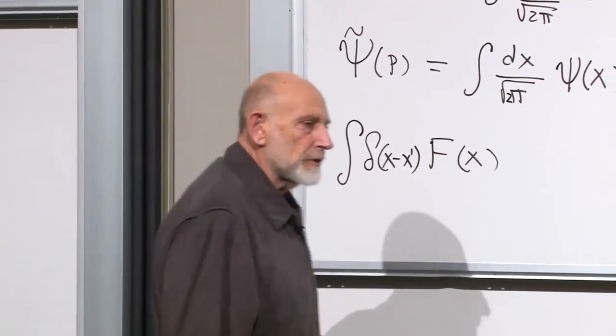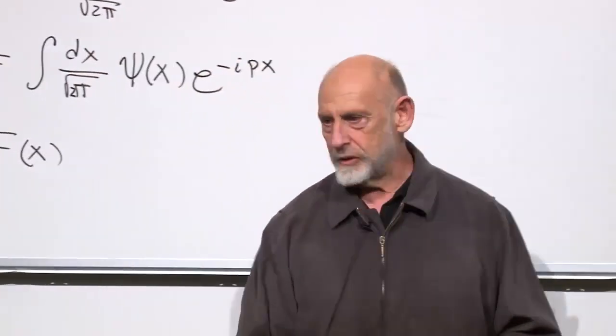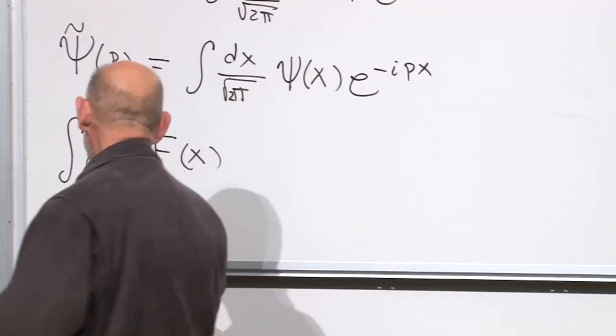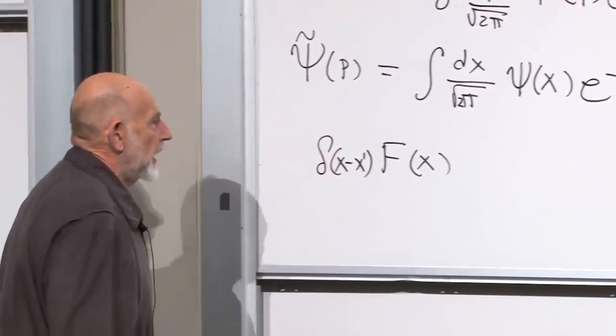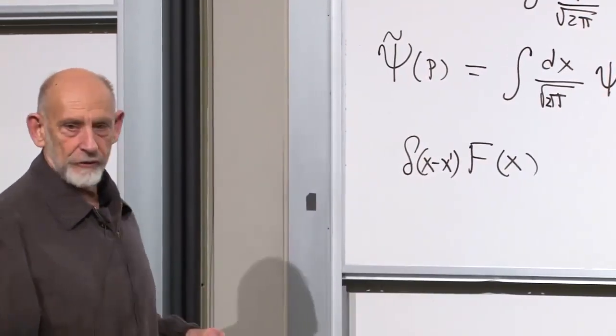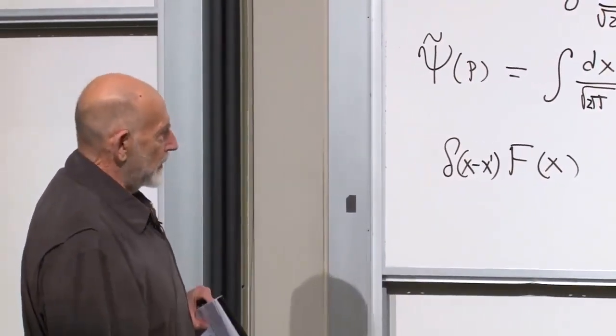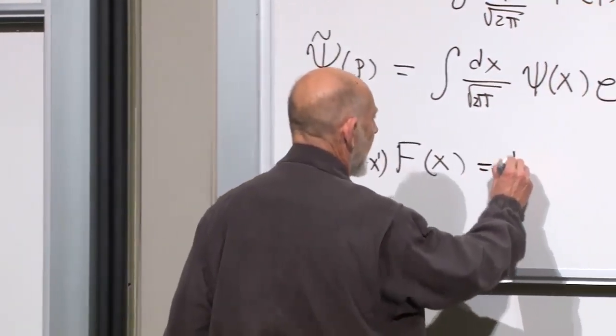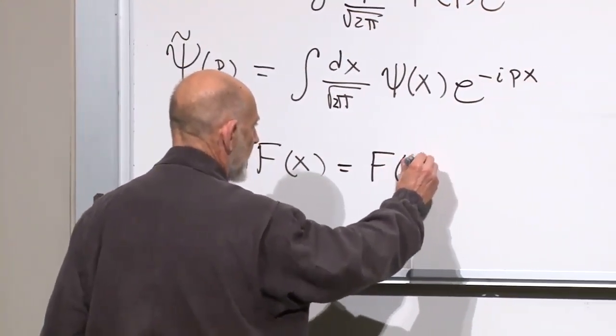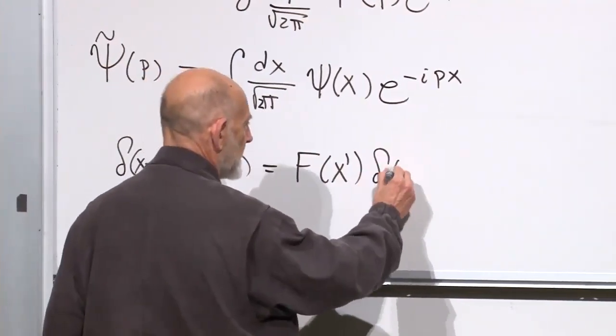Let's not even do that yet. Let's take delta of x minus x prime times f of x. First property of the delta function is that this is equal to f of x prime times delta of x minus x prime.